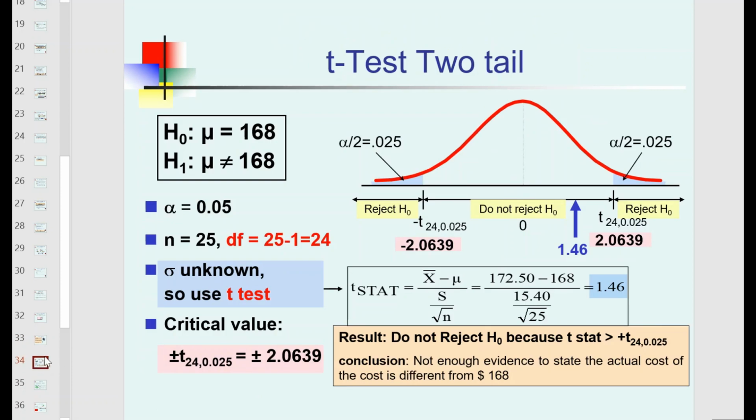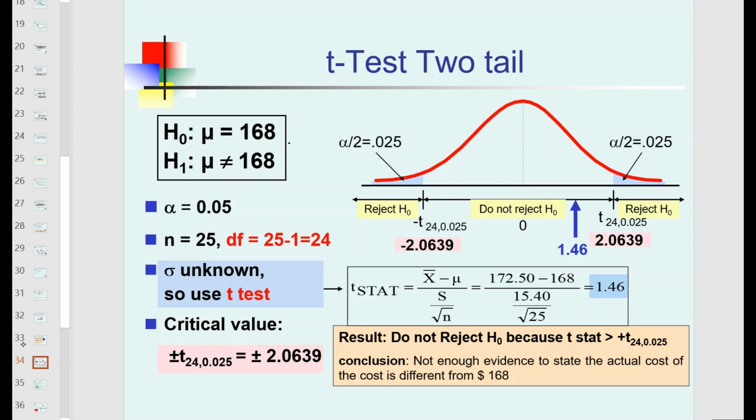T-test for two-tail. When you read the case study that they gave you just now, the first step is you need to know your H null and your H alternative. Of course, the H null is equal to 168 and the alternative is different, meaning not equal to 168.